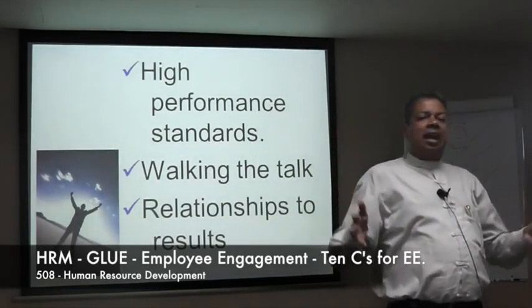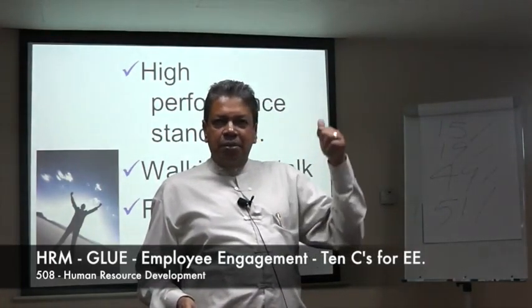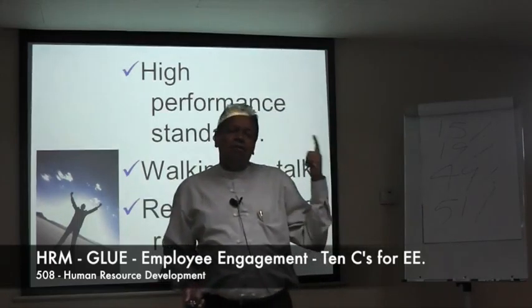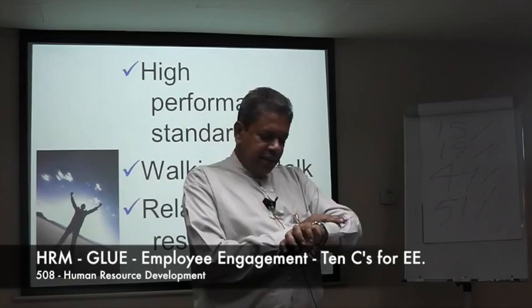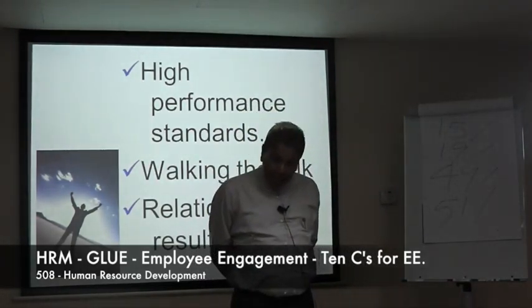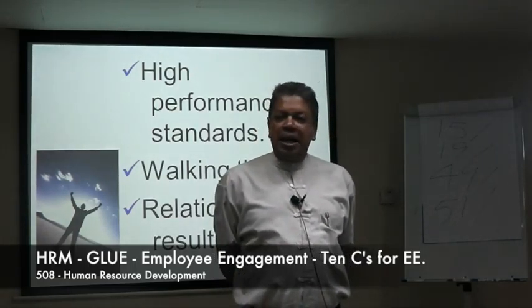Okay? So 10 C's. Can you remember? Shall I read out loud what are the 10 C's for employee engagement? C number 1, 2, 3, 4, 5, 6, 7, 8, 9, 10. So pick the C that you have given the lowest marks. Your bottleneck.